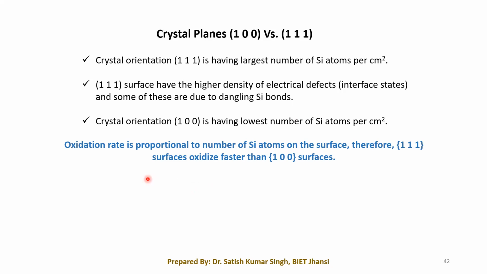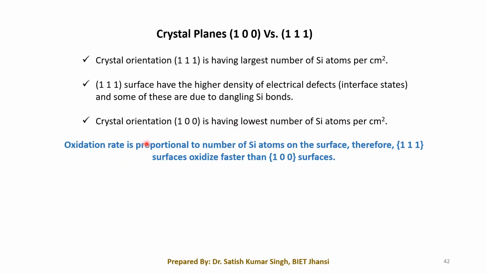Fine. So for doing the oxidation, we need to pass oxygen gas at certain ambient conditions, and then the upper surface of the silicon will get oxidized. Basically, what has been found experimentally is that the oxidation rate is proportional to the number of silicon atoms on the surface.